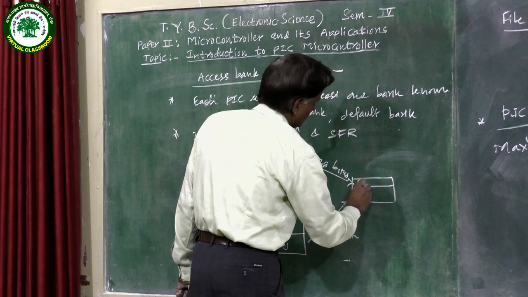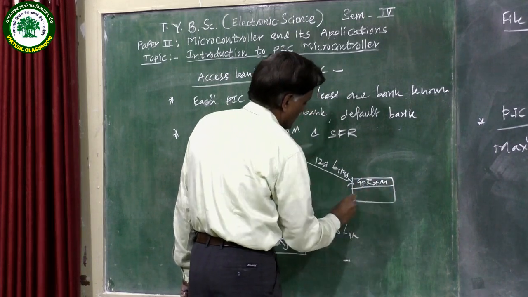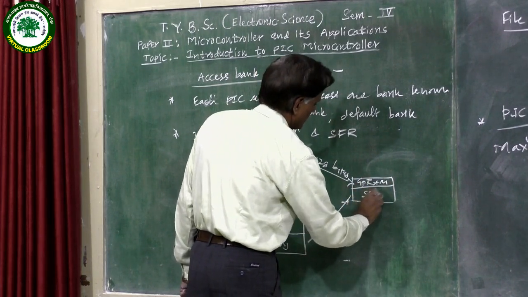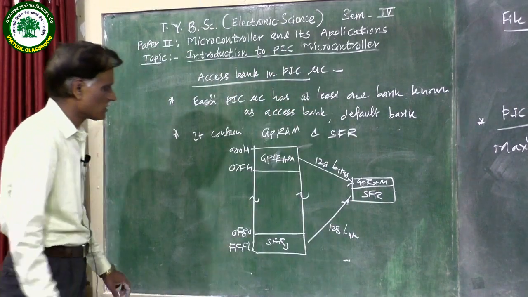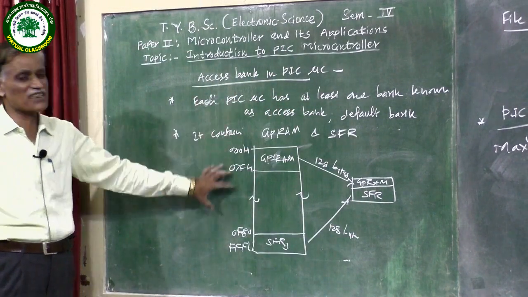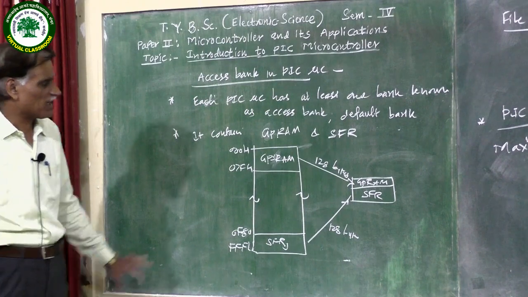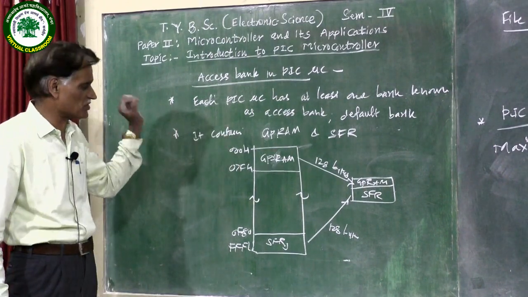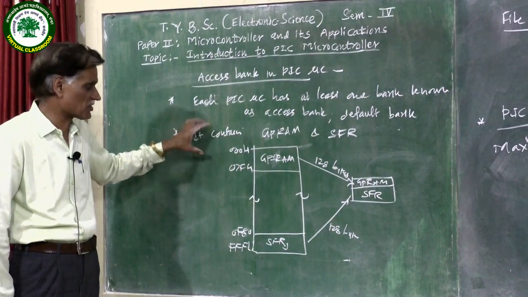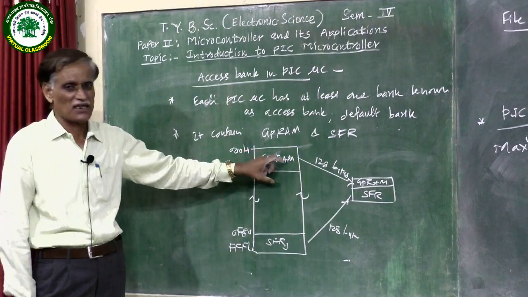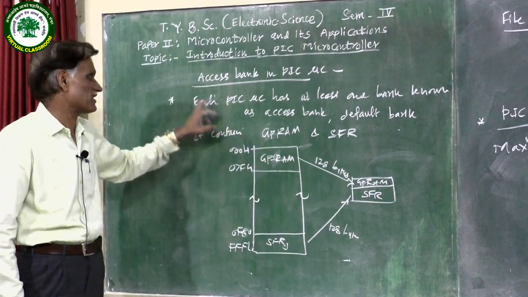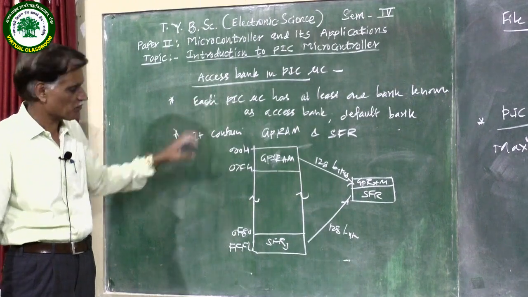The first one is related with GP RAM and this is related with SFR. This is the access bank in PIC microcontroller, and whenever the PIC microcontroller wakes up or starts, at that time automatically the first bank will be selected, that is known as the access bank.